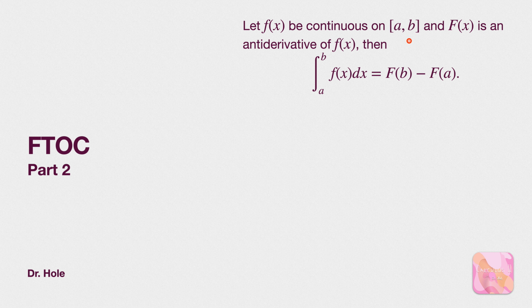The statement of FTOC part 2 is that the definite integral can be evaluated by taking the difference of the antiderivative evaluated at the upper bound, and the antiderivative evaluated at the lower bound. Good. We want to do the proof.